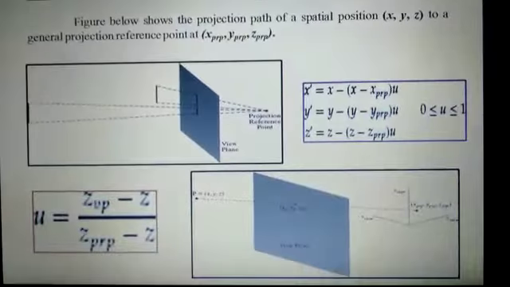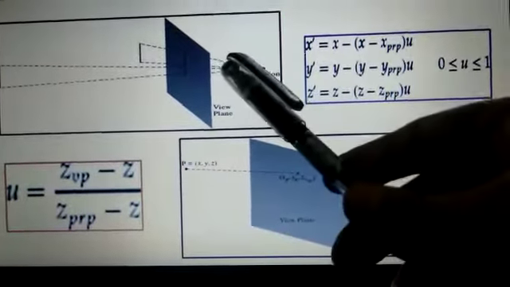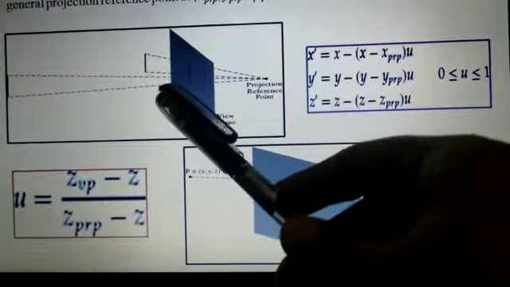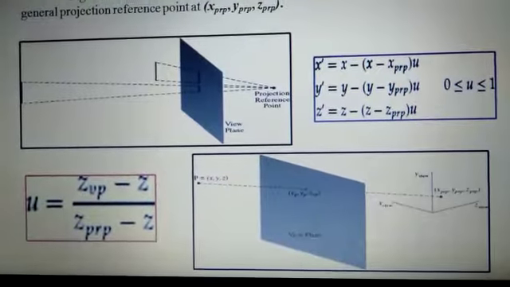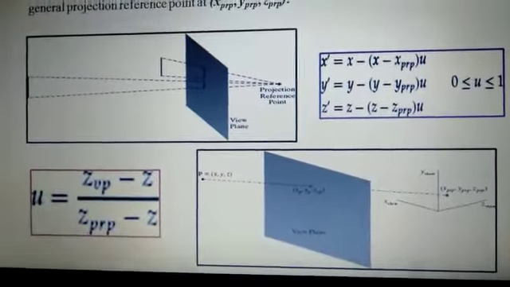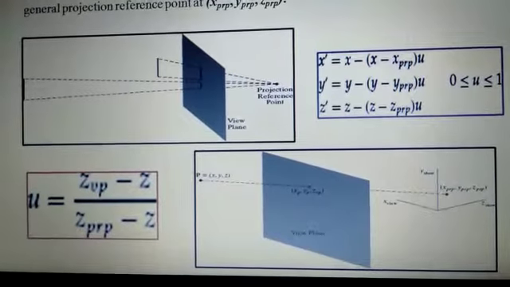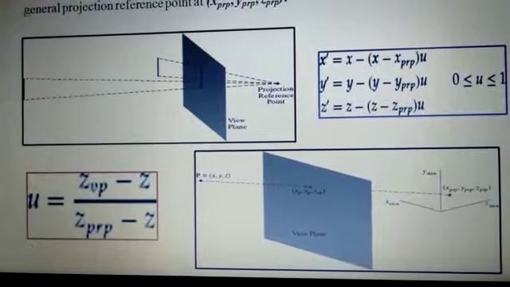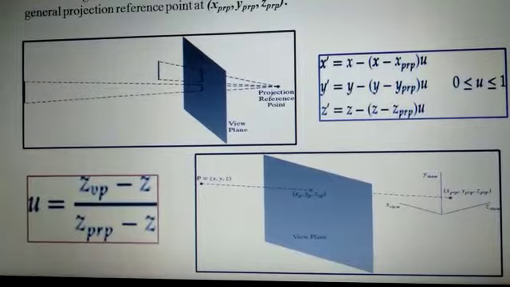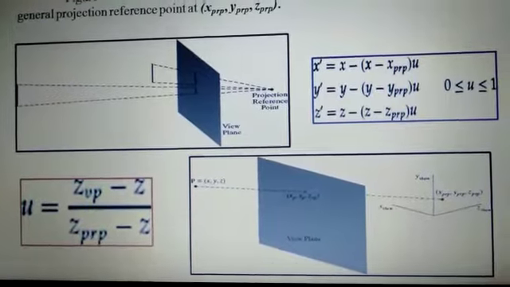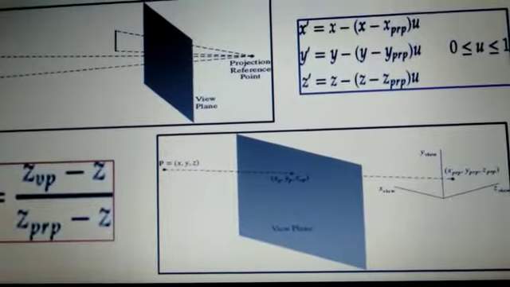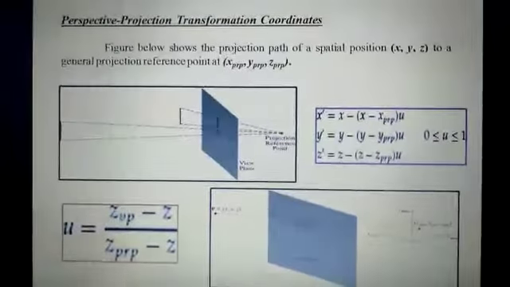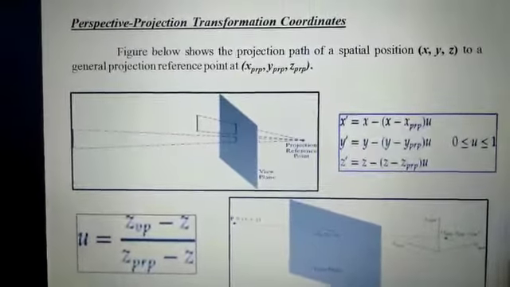The projection line intersects the view plane at the coordinate position xp, yp and zvp, where zvp is some selected position for the view plane on the z view axis. On the view plane, z' is equal to zvp, and we can solve the z' equation for parameter u at this position along the projection line.